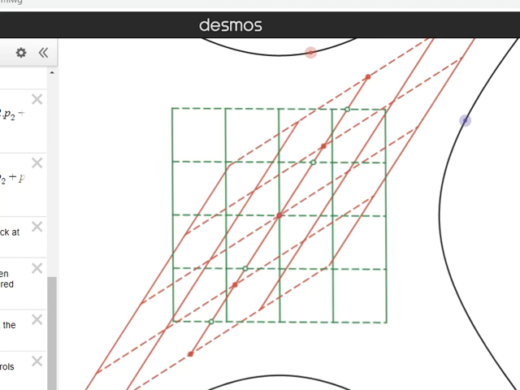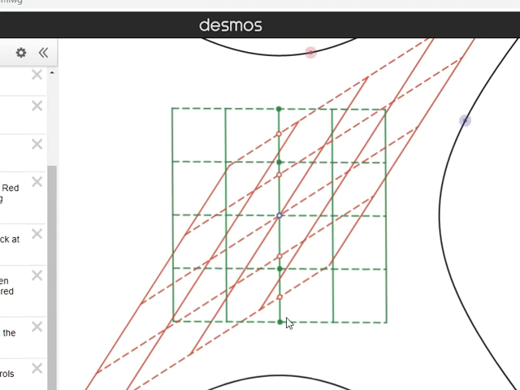Now I can switch this up and show the ticking of the green clock, and once again we see that the red clock measures faster time than the green clock.